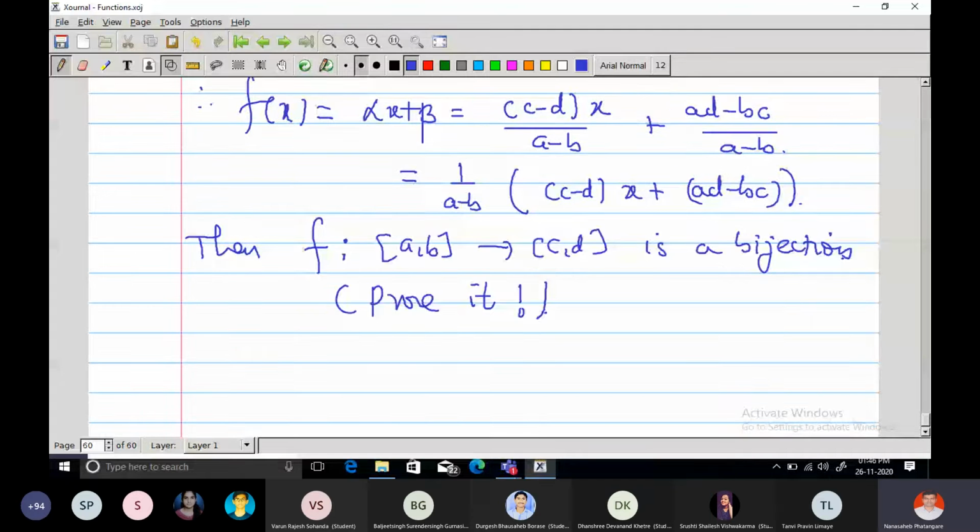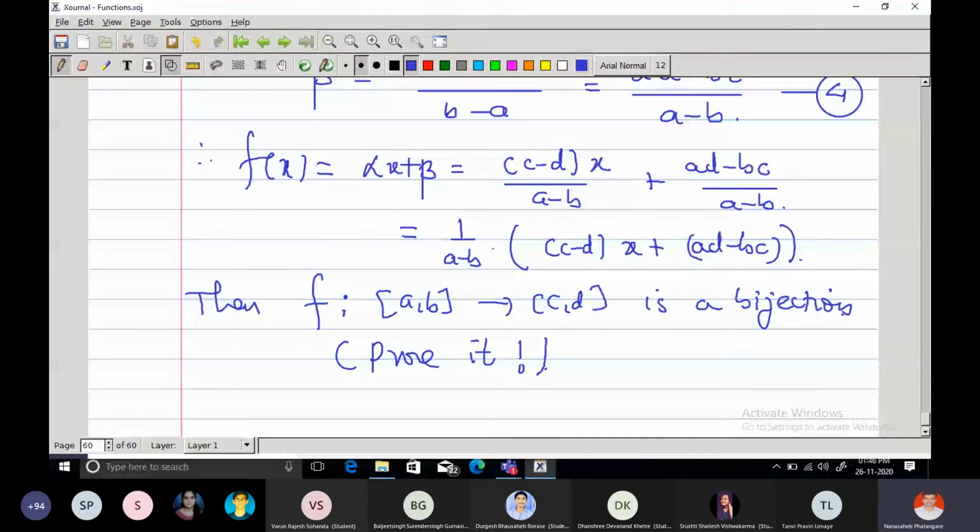Try to write down the proof that this function is a bijection. And what is the importance of this expression? This gives a general formula. Do you realize this? This actually gives the general formula. Somebody gives you intervals, you can immediately give him a bijective function. Am I right?